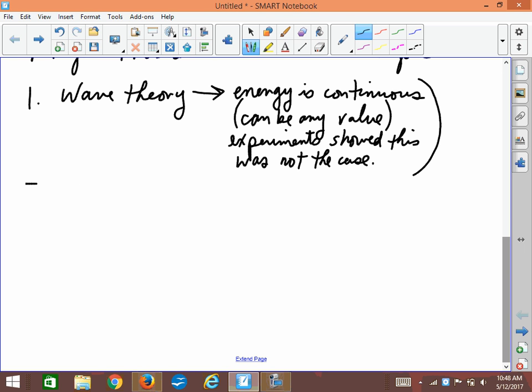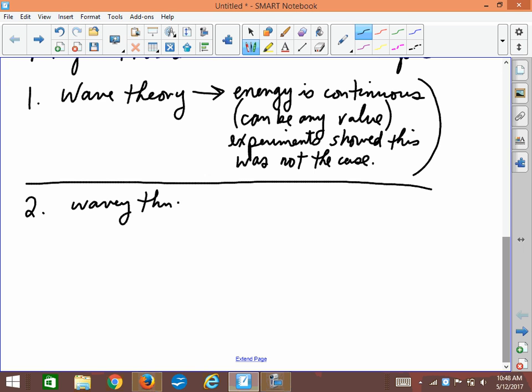The second problem is that other experiments were showing that wavy things, like light, for instance, we thought we had it figured out. Light acts like a wave. It diffracts, there's interference, there's diffraction, there's refraction, and of course we had Maxwell, who said, look at this, I can make waves of electromagnetic fields, and that's light, and everything is great.